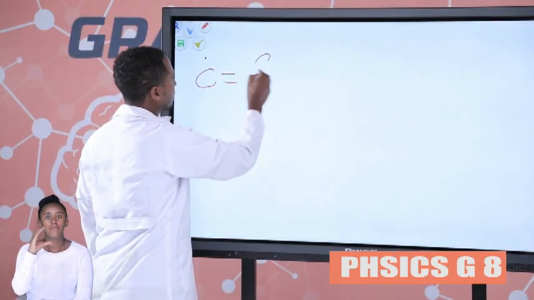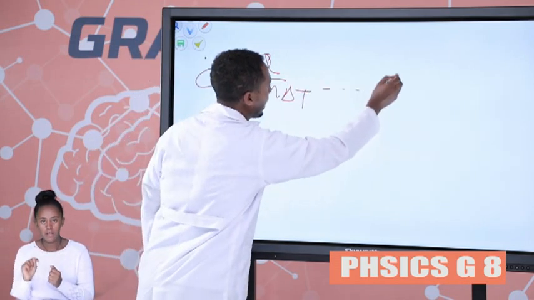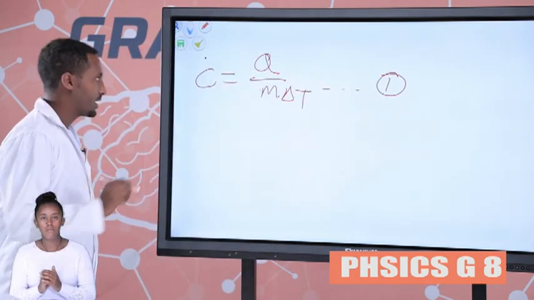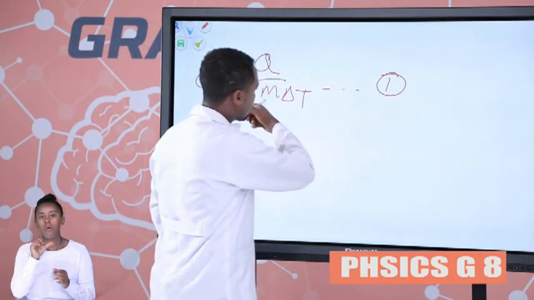Now, C is equal to Q over M change in T, formula 1. We can get another formula from this.